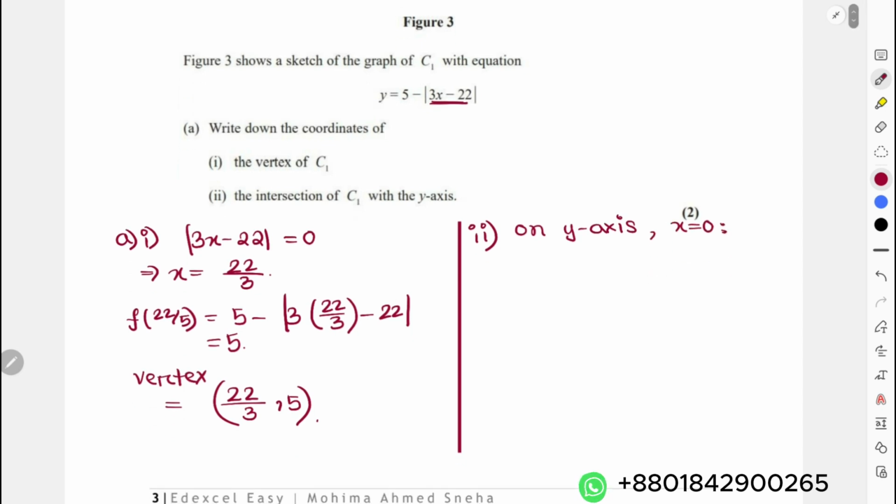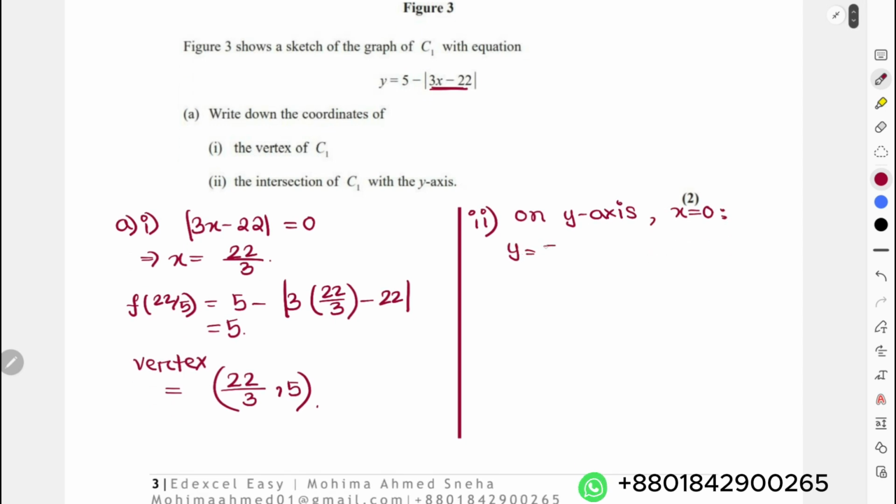On that basis, if we solve this equation, y equals 5 minus the modulus of (3 × 0 minus 22). 3 multiplied by 0 is 0. Minus 22 inside the absolute function stays negative 22 but becomes positive after the absolute function, so it will be 5 minus 22 anyway, and you end up getting minus 17.